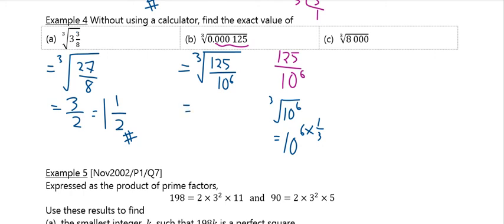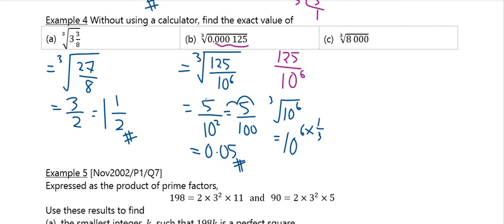So let's express this. Cube root of 125 is 5 over 10 power 6, and the cube root will be 10 power 2. So this is actually 5 over 100. So your answer here will be 0.05. Okay, that's for part B.